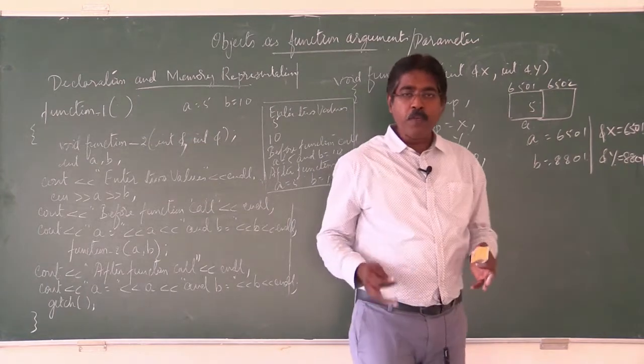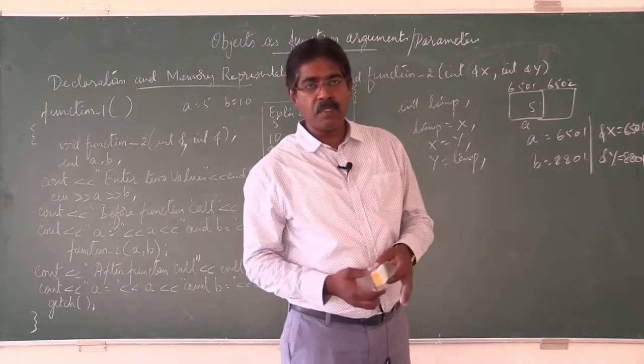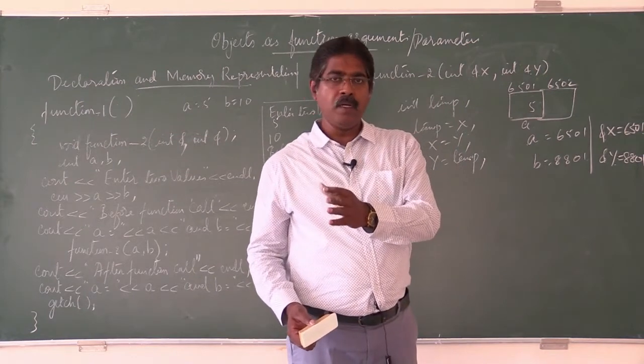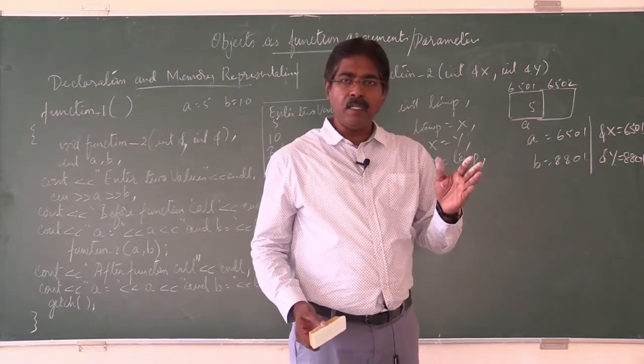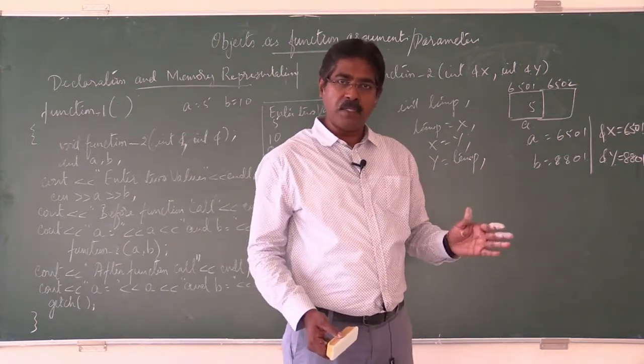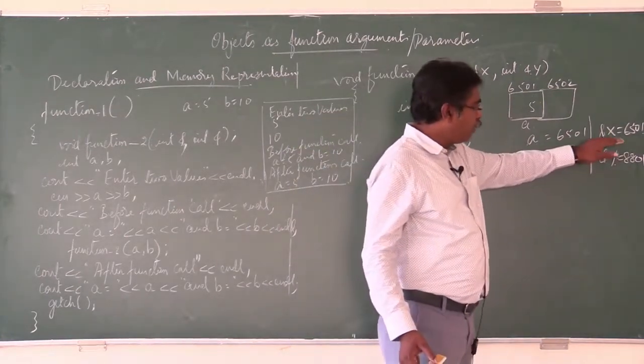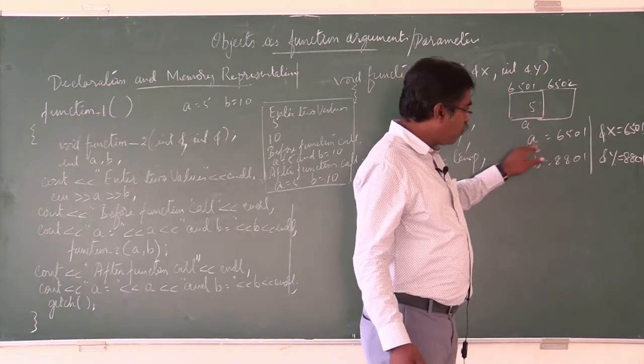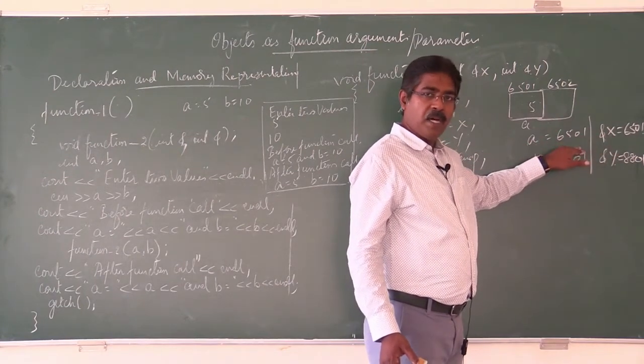If you know, few people have got the names Kumar alias Muhammad alias John. All the three are different names but the same person. Likewise, here also we have X as a reference to A. Both point to the same address.